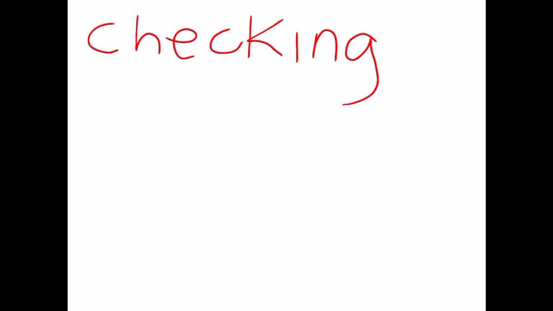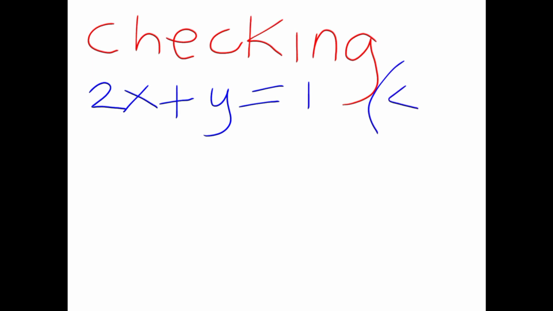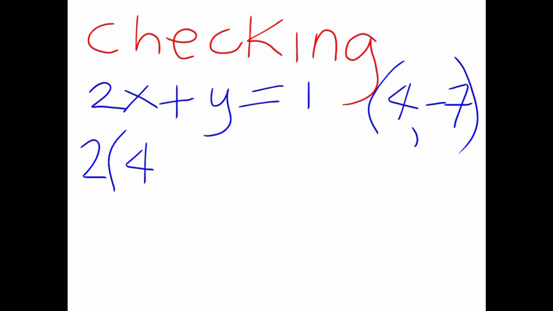Our equation is 2x plus y equals 1, and we got the ordered pair positive 4, comma, negative 7. If we substitute this ordered pair, wherein x is 4 and y is negative 7, we need to make sure that the equation will become true.